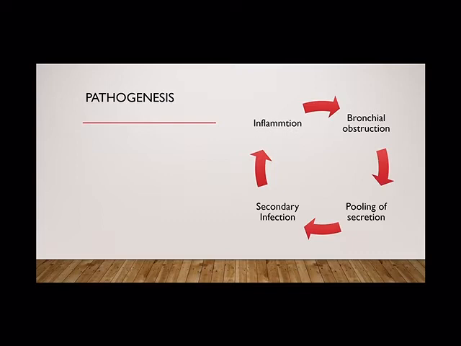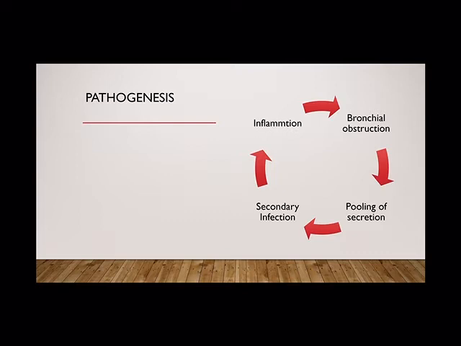Inflammation will lead on to bronchial obstruction. Bronchial obstruction will lead on to pooling of secretion. Pooling of secretion will lead on to a secondary infection, which will again lead on to inflammation. So this is how the cycle goes. Let's go step by step. Bronchial obstruction. It can be a foreign body aspiration, or whenever a tumor growth is obstructing the airways, or even in TB, you will have lymph node obstruction.